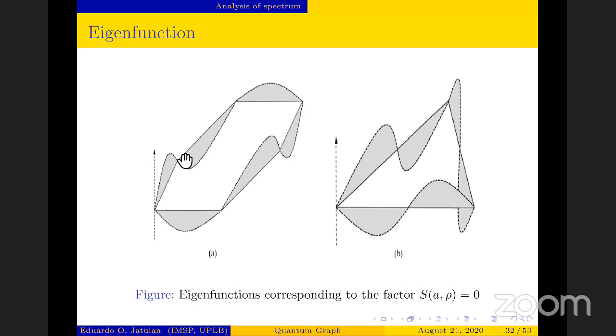Dirichlet means that the function values at these endpoints are 0. So we move along this edge, and we can come up with a function satisfying this Dirichlet condition, and on the rest of the graph the function will be 0. In that case, we have eigenfunctions, and since we have infinitely many hexagons, we can choose any hexagon. So it means that we have infinitely many eigenfunctions corresponding to this given pure point spectrum.